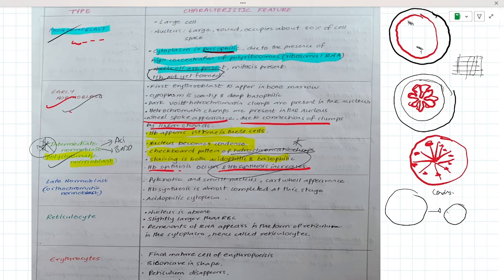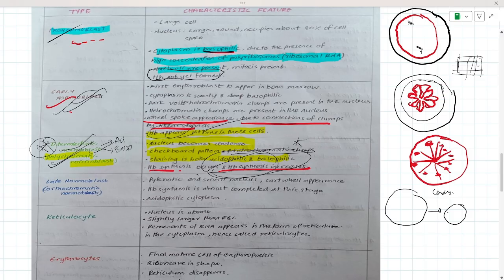Here it just appears, but there it is synthesized and increases. Even in a viva, if a professor asks in which stage HB synthesis occurs, your answer should be the intermediate normoblast. But we also need to remember that the appearance takes place in the early normoblast.